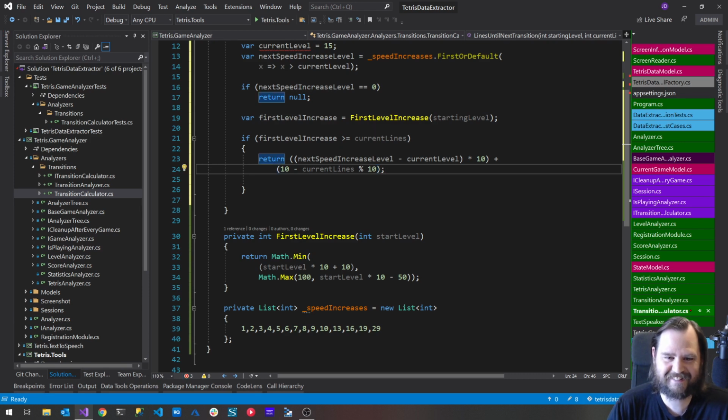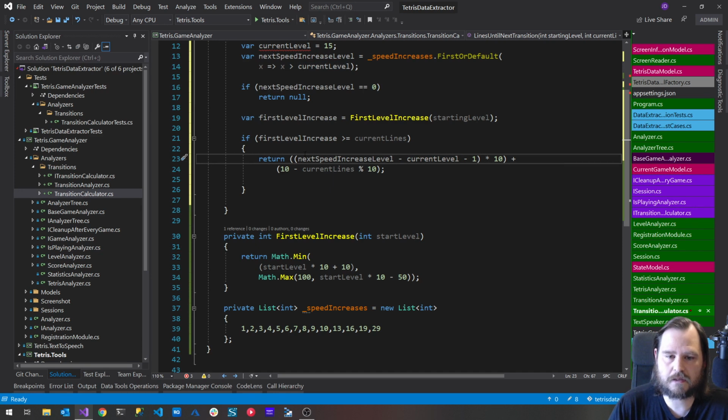Woohoo! So if you started at 15, you're at 105, you're currently on level 16. This would say 19 minus 16 is 3. So I think we need to subtract 1.